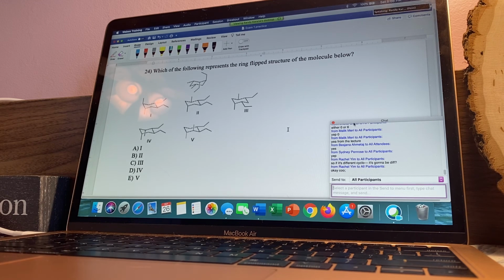So Murray, a boat conformation is going to have a lot of eclipsed hydrogens. And I can kind of try to show that.